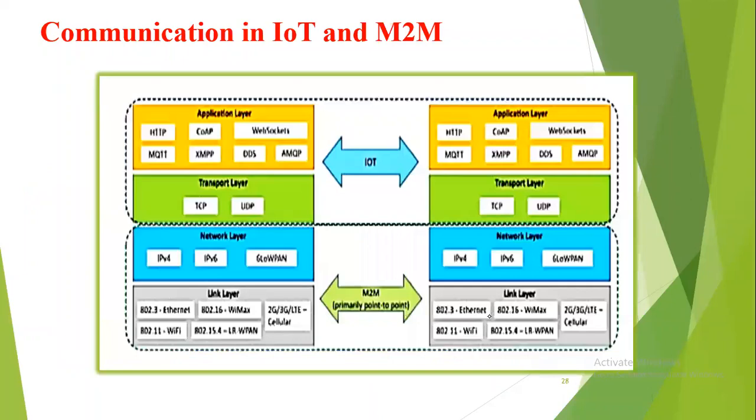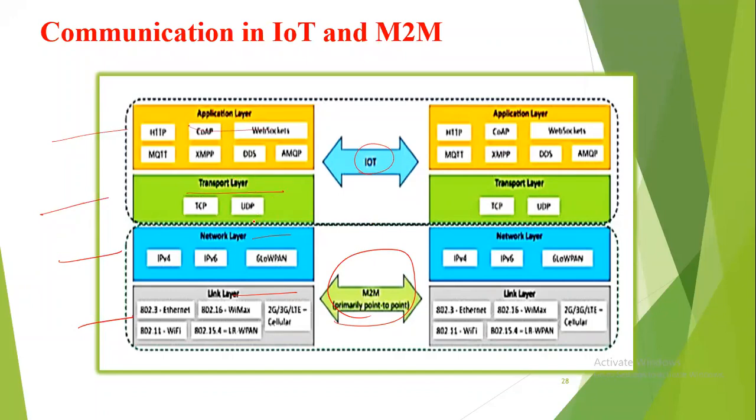As far as architecture is concerned, here a link layer is there, then network layer, transport layer, and application layer. But as far as M2M is concerned, machine to machine works in the link layer and network layer. And IoT mostly works in the transport layer and application layer.